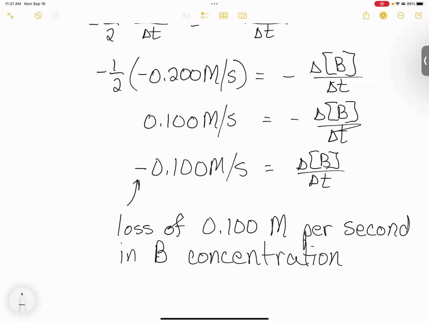Again, the negative does not mean negative concentration because you can't have a negative concentration. The lowest you can go is 0. All negative means is which direction it is heading.